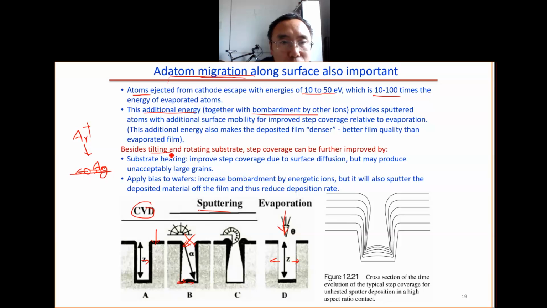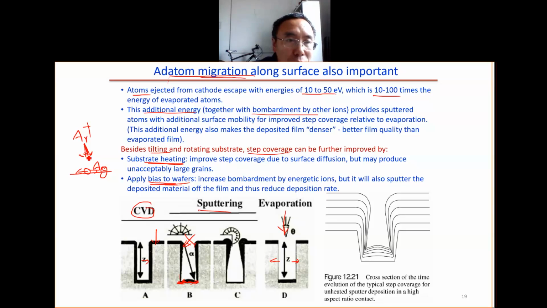So we can tilt and rotate the substrate to give better step coverage. What more can we do? We can do substrate heating. When we have substrate heating, the atoms can move farther around, to give better step coverage. We can also apply a bias to the wafer. When we have the bias on the wafer, there will be more energetic bombardment.